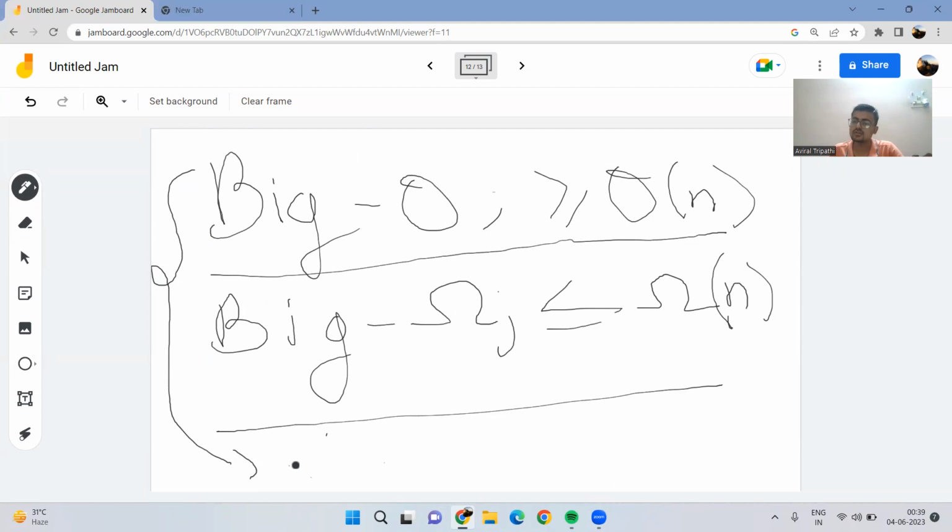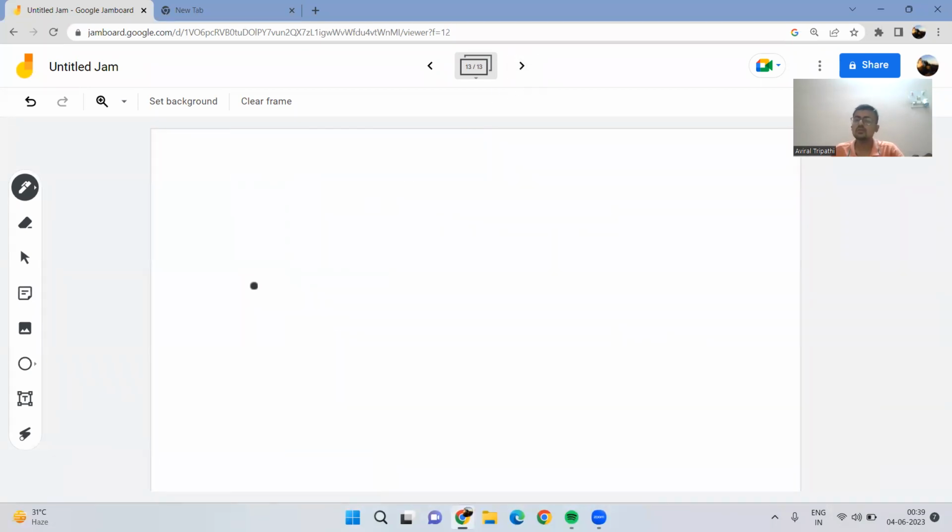These values, this concept, have been determined keeping in mind that your function, that is your g(n), is equal to n. Remember this.